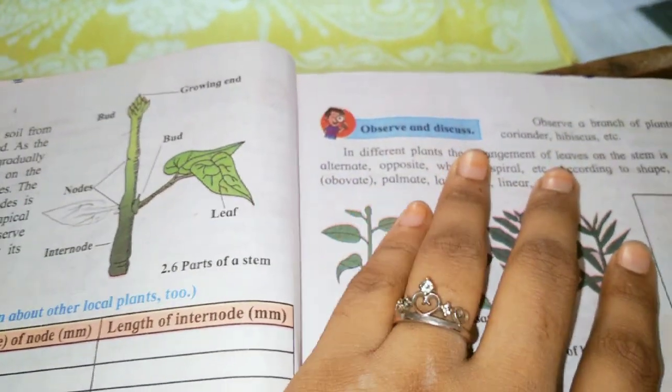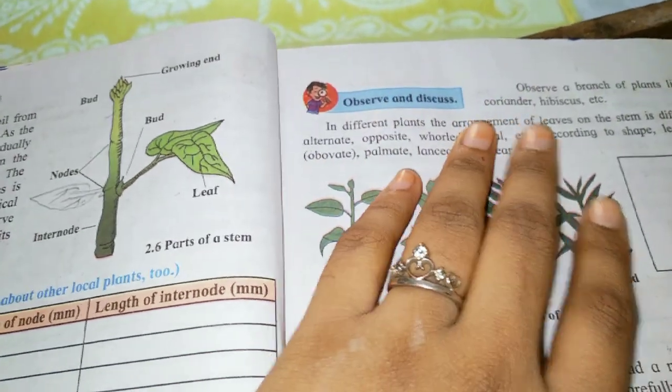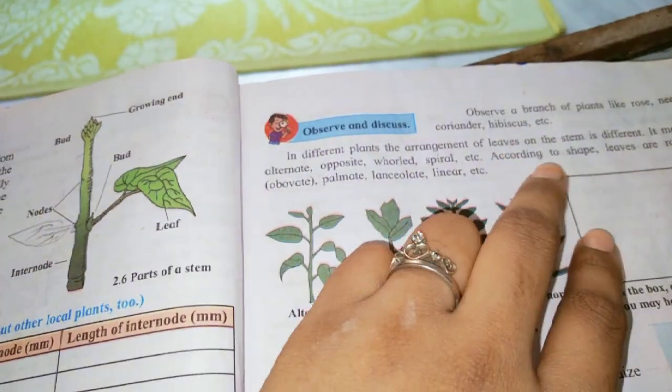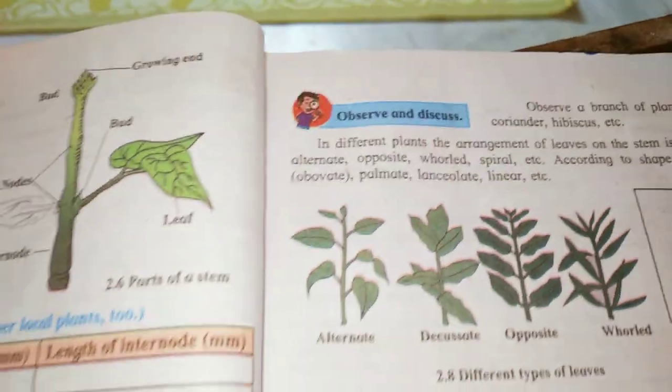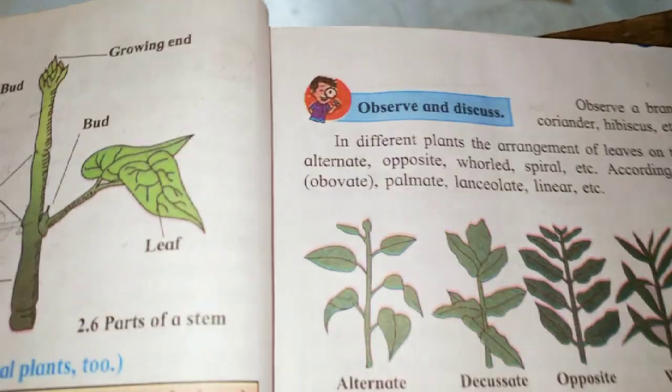Now come to page number 13. Observe and discuss. What you have to do is observe and discuss. Read what is given in there. Always while watching the video, keep your textbooks beside you.